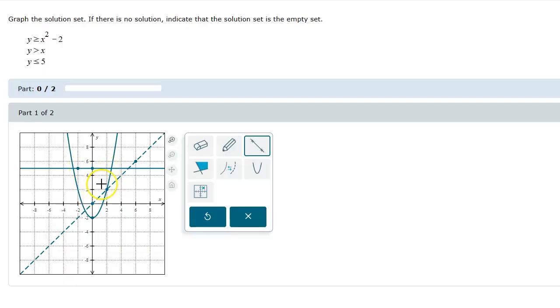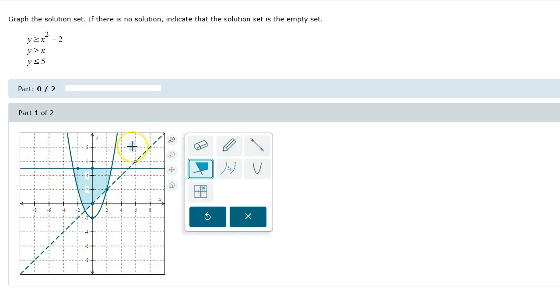Now, this computer's kind of smart in that it knows exactly where you want shaded if you just put it in the right region, because it does not shade down here because that would be below that dashed line and it needs to be above. It does not shade above here because that would be above the horizontal line and it needs to be below, and it does not shade below the parabola.